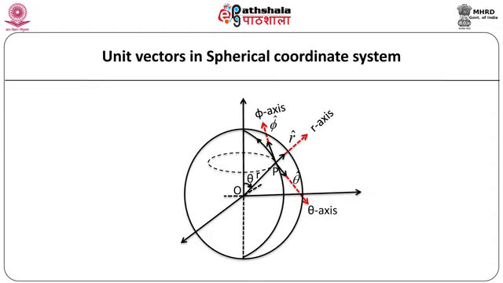In the spherical system, the axis for r bar is the position vector r. The theta axis is along the tangent to the vertical circle at point A drawn in the increasing direction of theta, while the phi axis is along the tangent drawn to the circle at point A in the increasing direction of phi and parallel to the xy plane.